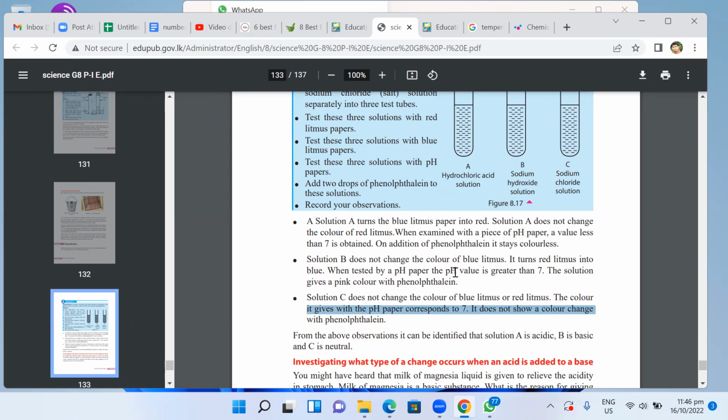Here pH is greater than 7 because it is a base. Pink color phenolphthalein, and red litmus to blue color. Here, blue litmus to red color. Then no color change for phenolphthalein, and here pH will show less than 7.